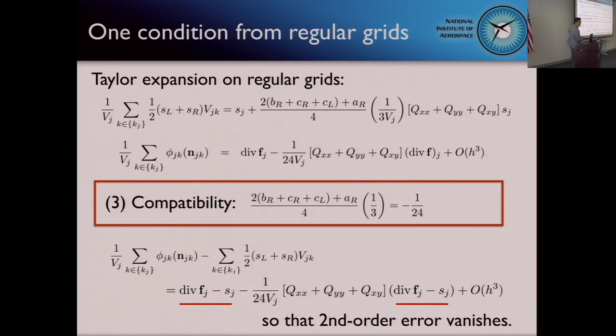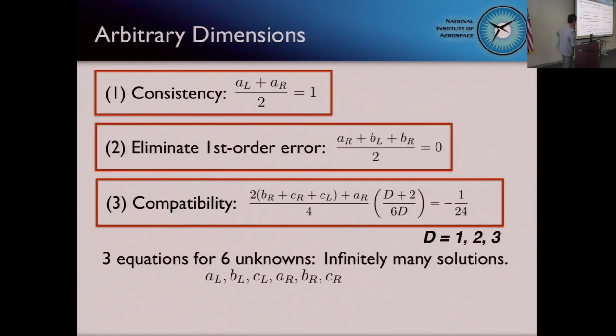So in order to achieve third order accuracy, these 2 terms must be factored in the same way. So this coefficient and this coefficient, -1/24, must be the same. And then we end up with this second order truncation error that vanishes. So this is the compatibility condition that needs to be satisfied.